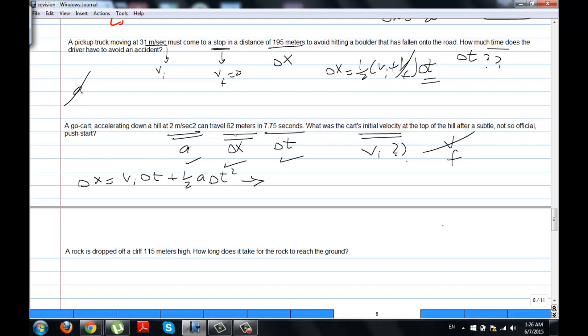So delta x is 62, equal to vi delta t, which I need to find, delta t is given, 7.75, plus half the acceleration, 2, times delta t squared, 7.75 squared. As you can see, the only unknown is vi, so solve for vi.